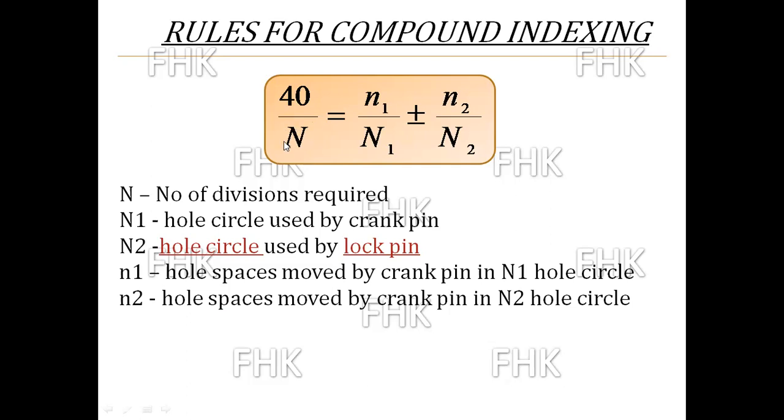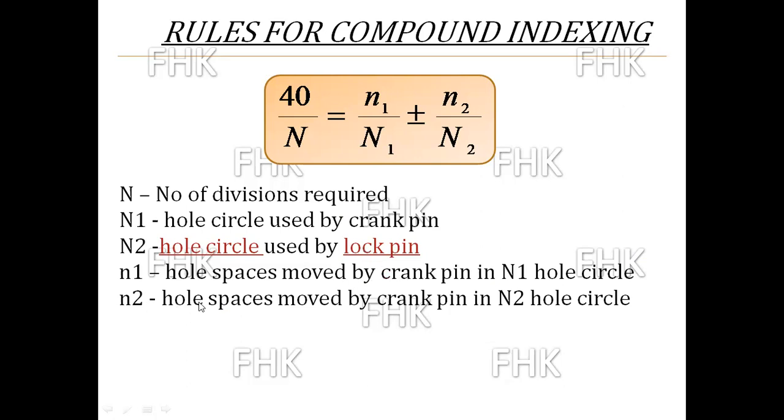That is your objective, whatever number of teeth you have to cut on the blank disc, which is given in the question. N is the number of divisions required on the disc. Small n1 is the whole spaces moved by the crank pin in the N1 whole circle. These are the whole spaces which you have to count while doing the indexing, and this is the rotation of the crank pin.